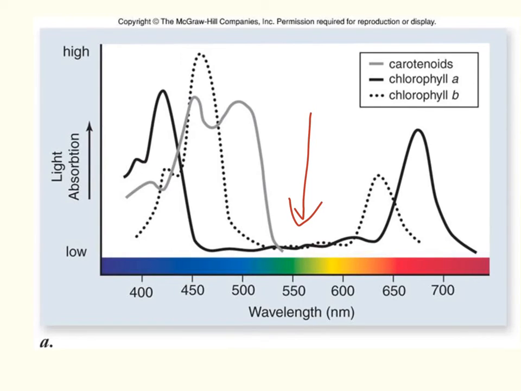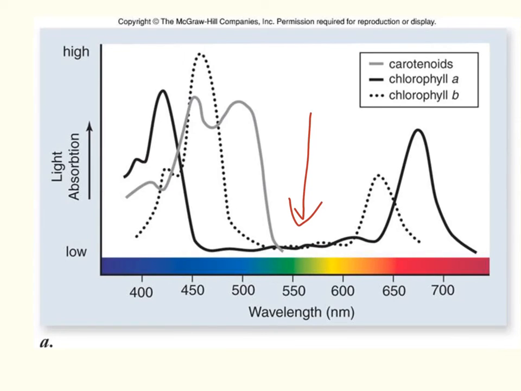Chlorophyll B and the carotenoids are known as accessory pigments, and they increase the range of wavelengths that can be used in photosynthesis. And this energy that's being absorbed is all redirected into a chlorophyll A molecule, and we'll see that when we look at those clusters, or photosystems, of pigments.